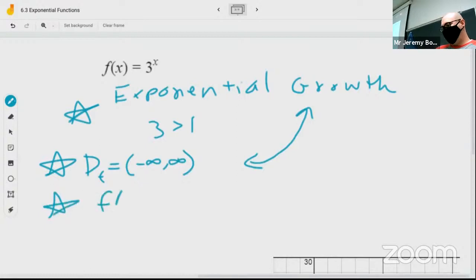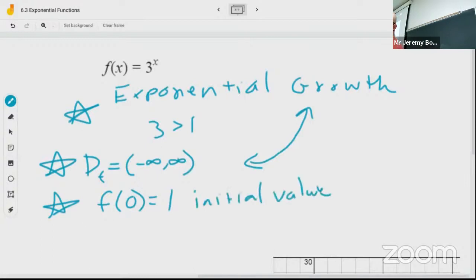What is f of 0 going to be? 1. And so we know that our initial value is going to be 1. Remember, that's the c value in front of the base being raised to the exponent, which in this case is none. So that means it's 1.